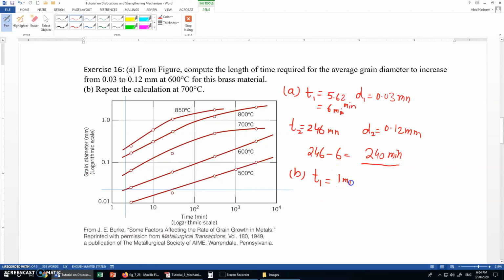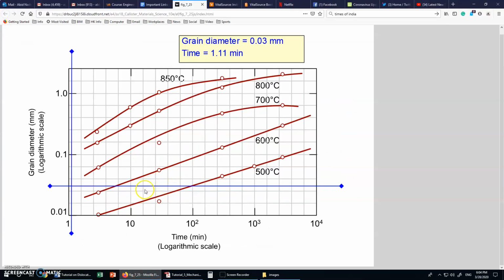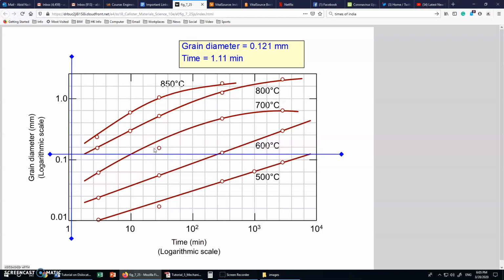And then t2 will be for 0.12 millimeter. 0.12 is here, and the time on the 700 degrees centigrade line is just here.